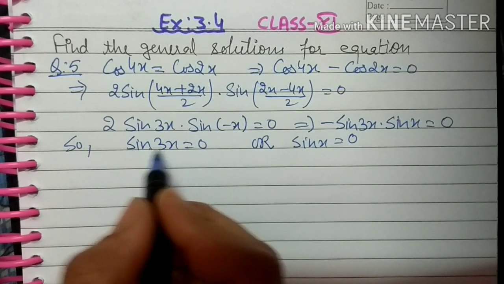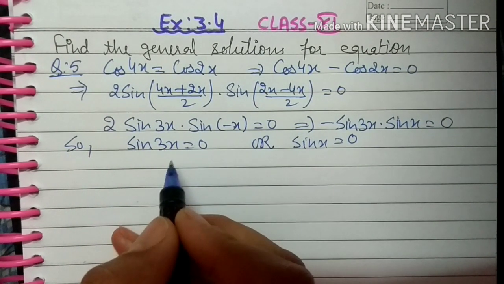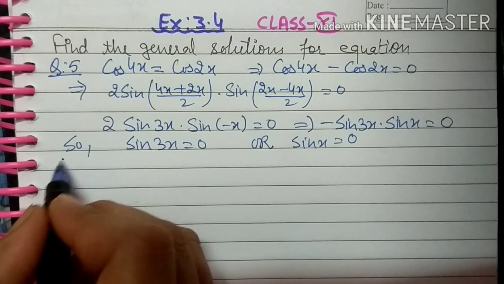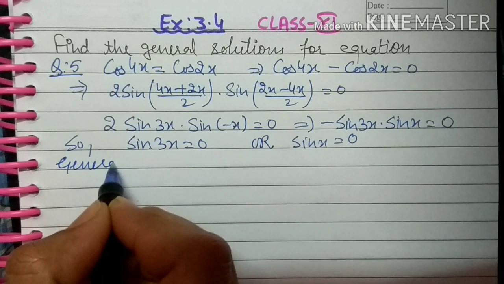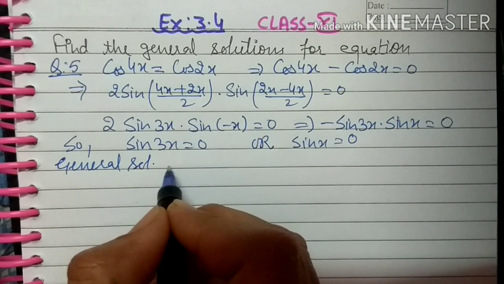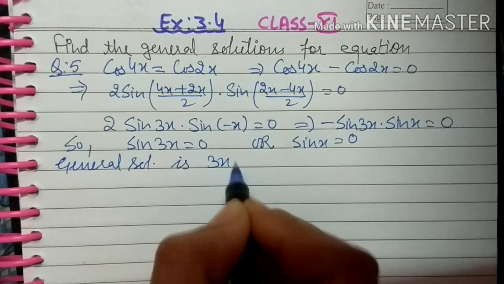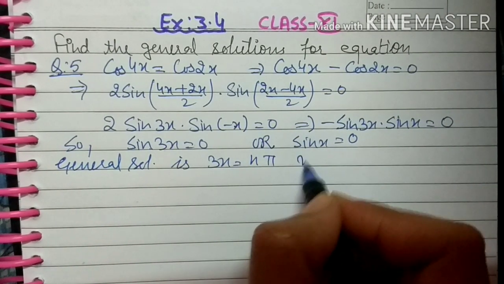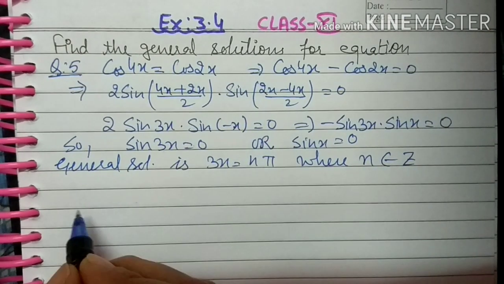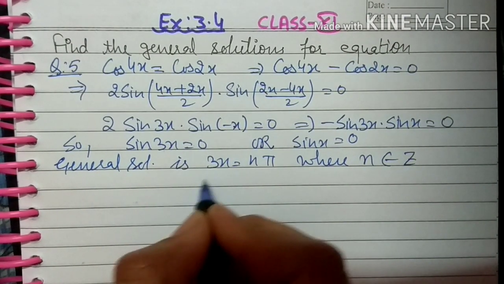If sine 3x is 0, we know the formula. If sine x is 0, then x is n pi. So the general solution for this equation is 3x is equals to n pi, where n belongs to the set of integers. It may be positive and negative.